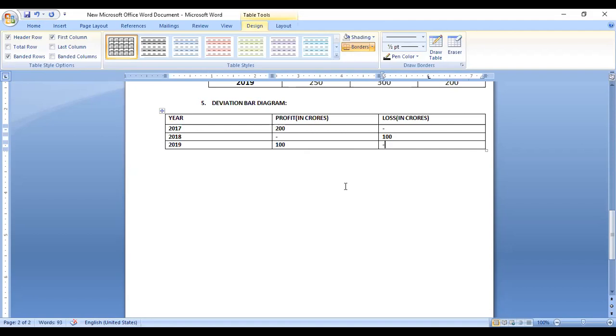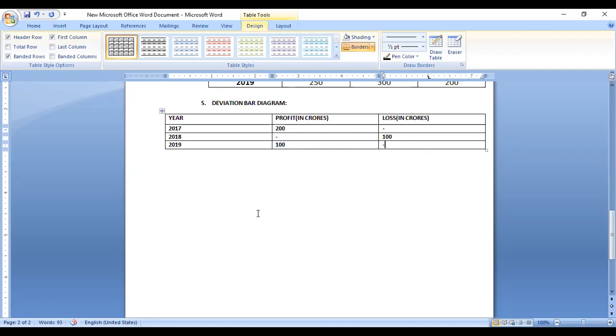You have to calculate. So directly, for our easy understanding, I have given net figures. Total profit is 200 crores in the year 2017, and in the year 2018 there is a loss, and in the year 2019 again there is a profit.